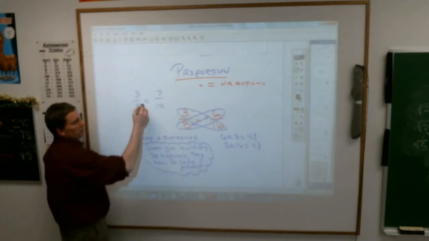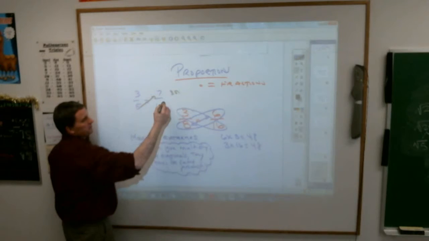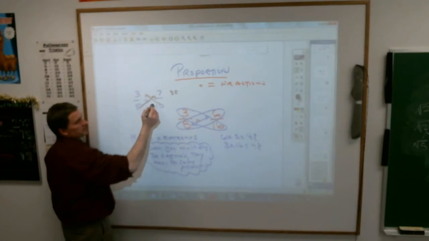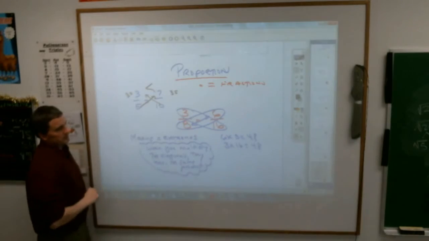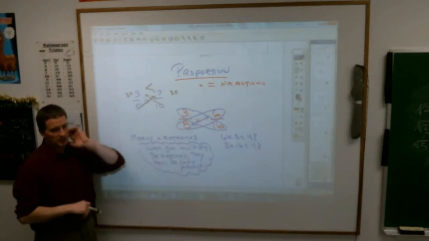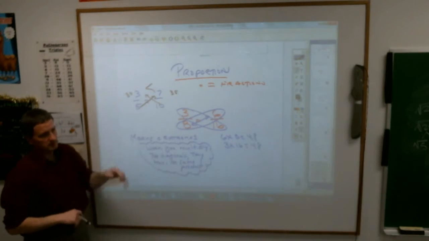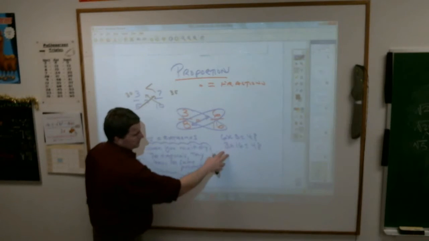Start at the bottom and go up to this diagonal up there. What's 5 times 7? 35. Start down here, go up here, multiply. What's 10 times 3? 30. This fraction is bigger than that fraction. If they were the same, then they'd be two equal fractions.